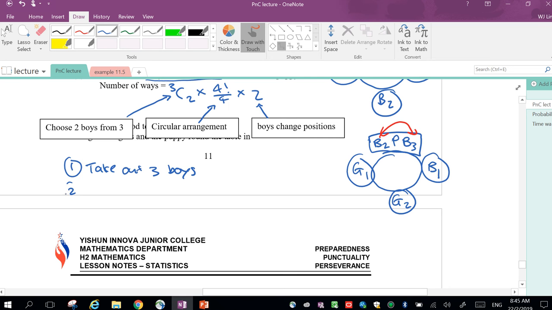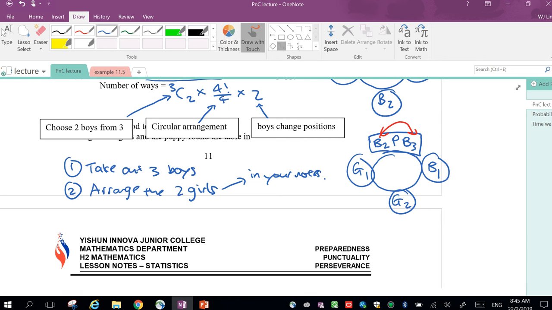Step number 2, you arrange the 2 girls. This is in your notes because my formatting is wrong. You see it? On page 12. Step 1, take out 3 boys.